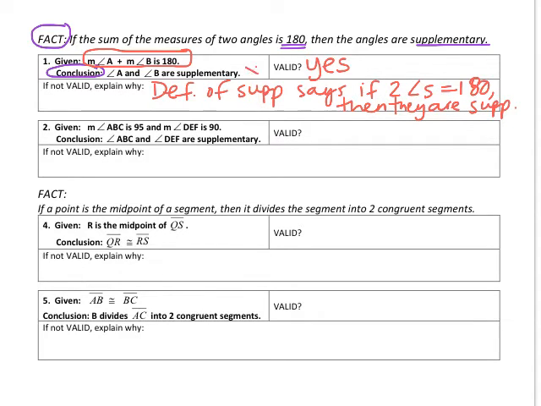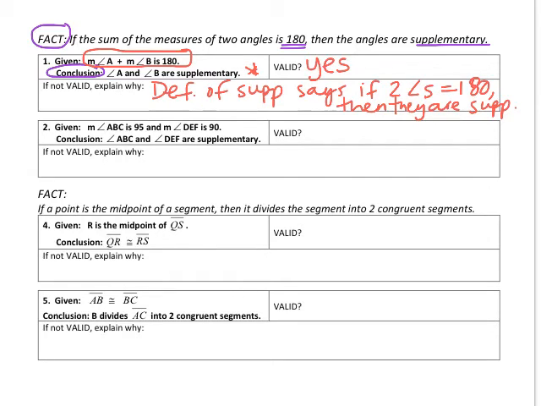So the conclusion, angles A and B are supplementary, is definitely valid. And using the deductive reasoning, that's basically how we came up with the idea that it is valid. Deductive reasoning is using facts, definition, and laws of logic to make conclusions.